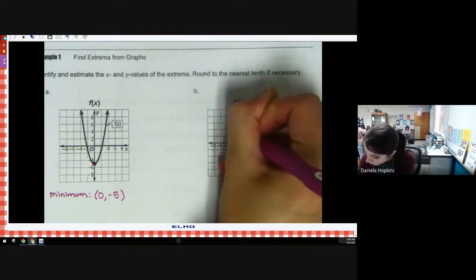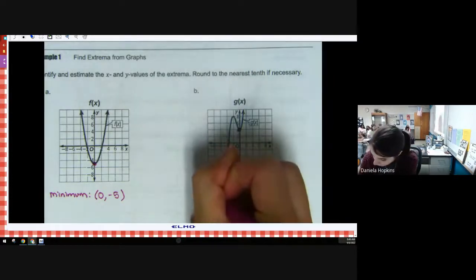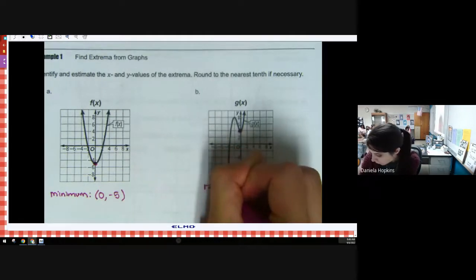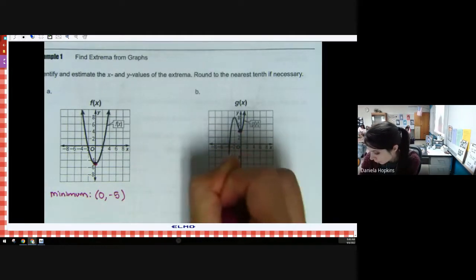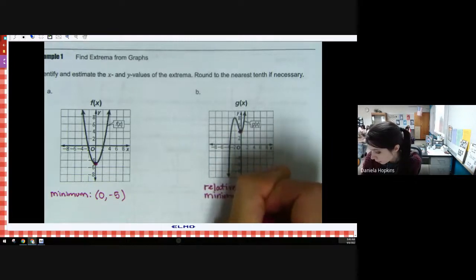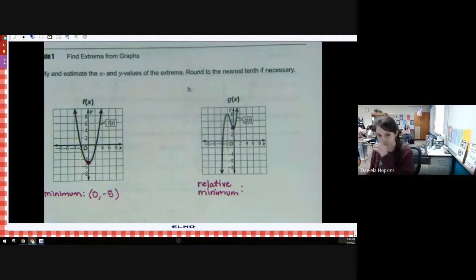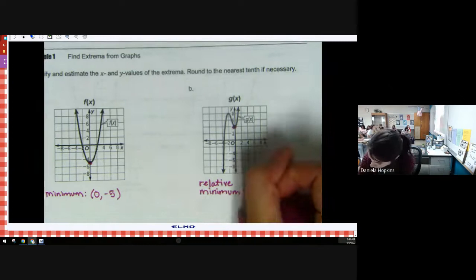So right here, this dip, that is a relative minimum, because it's that lowest point around there. You can have multiple relative minimums. You don't just have to have one. In this case, there is only one, and it is at (0, 4).